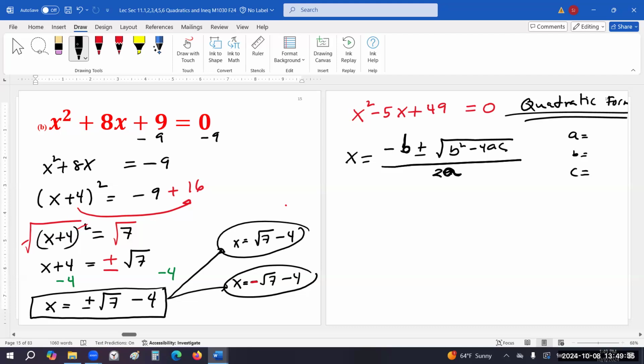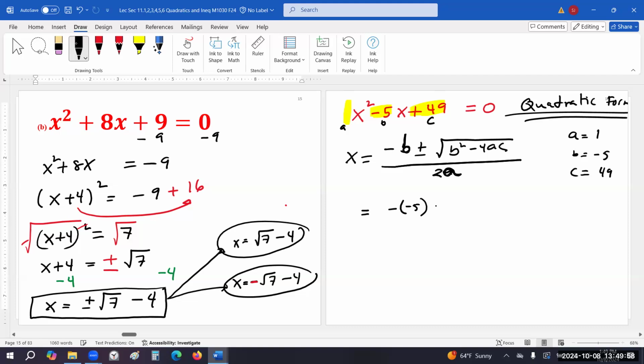So what is a? 1. What is b? Negative 5. And what is c? 49. So negative b means positive 5. We got these numbers: this is a, this is b, this is c.